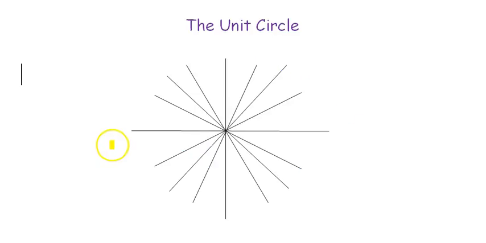Okay, so for the radians, I've got us some cleaner lines, but the first thing that I want you to do is highlight with one color your x and y axis and the perfect diagonals. All of these are going to be multiples of pi over 4 in radians.